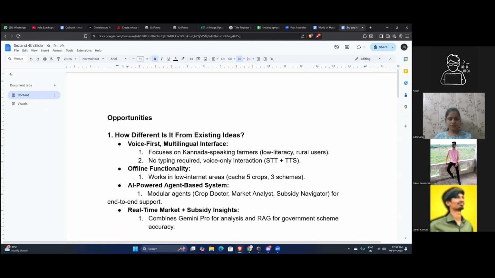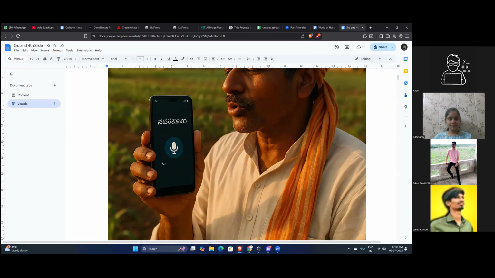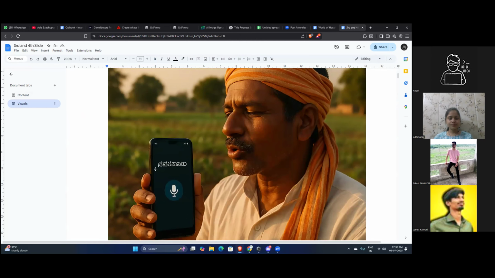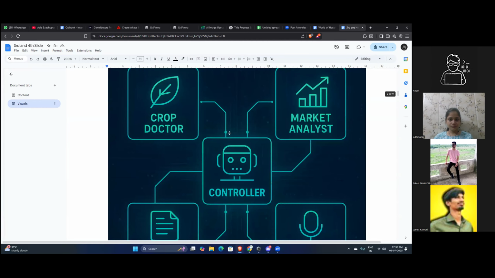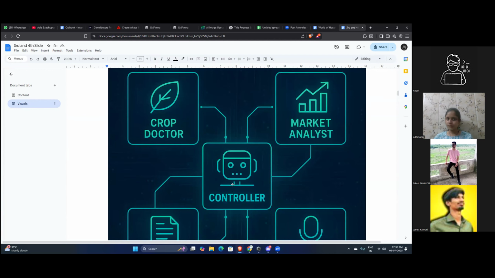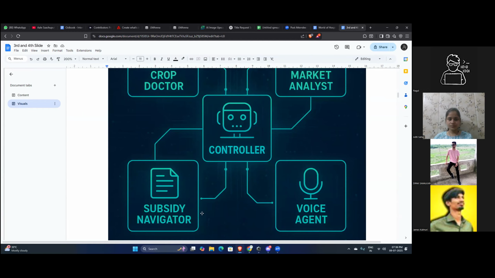And for this, I also made some visuals. If you can see, a farmer holding the phone with the Kannada language and the voice typing assistant. The second image is our controller. Our controller acts as a crop doctor, market analyst, subsidy navigator, as well as a voice agent.